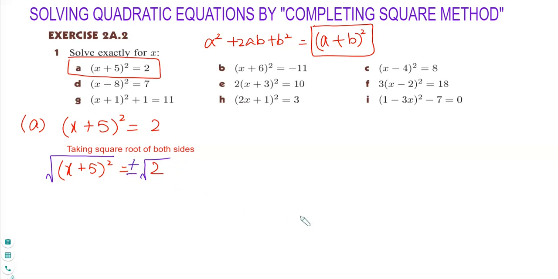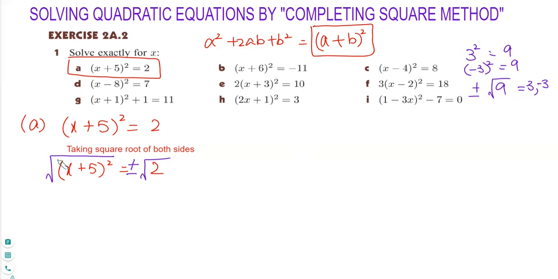Clear? Because we know that 3 square is equal to 9, and negative 3 square is also equal to 9, right? So when you take the square root of 9, you should have both answers, 3 and negative 3, so the square root of 9 should include plus minus.